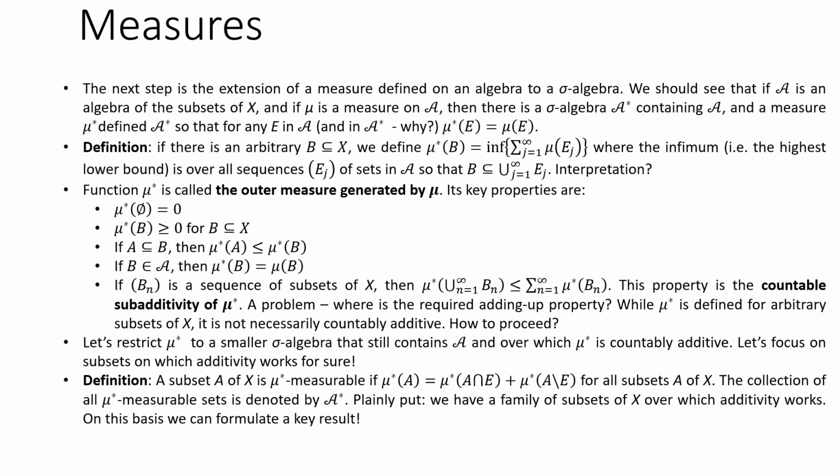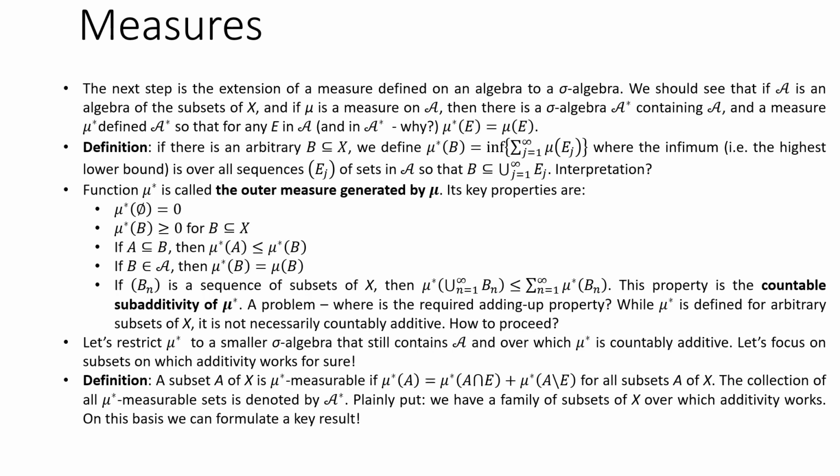So the strategy is to focus on a smaller sigma algebra that still contains A, the algebra, but this sigma algebra is such that the measure has the adding up property.